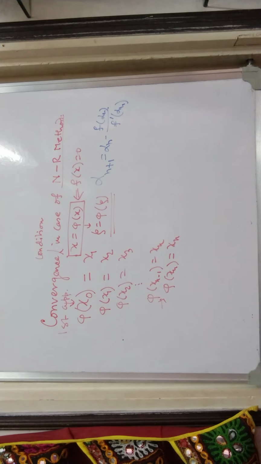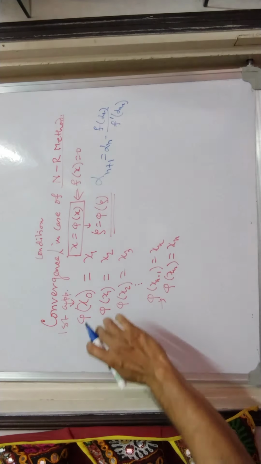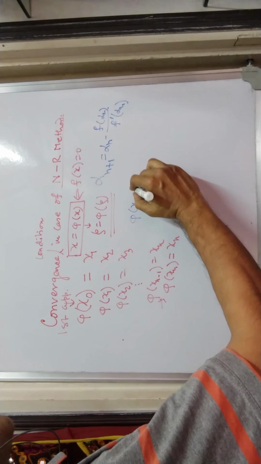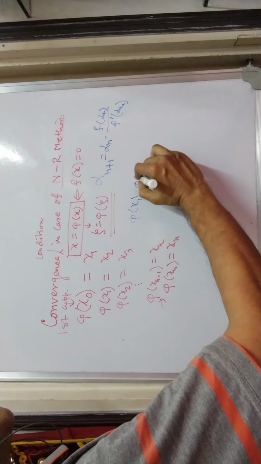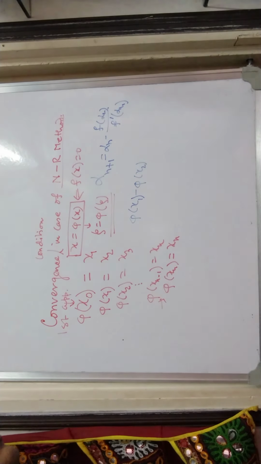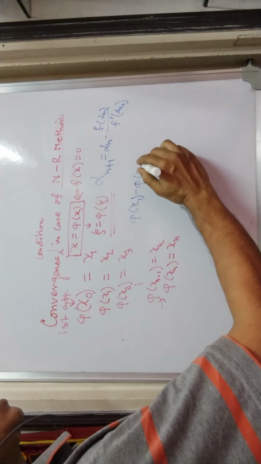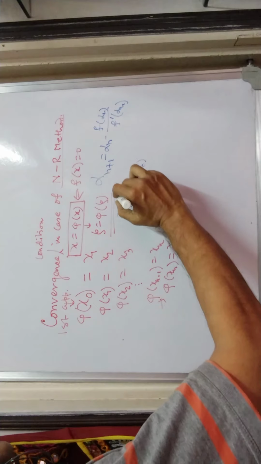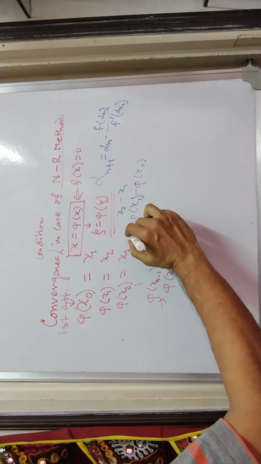Now a simple bit of mean value theorem. If we apply it, we can easily see that phi(x1) minus phi(x0) is nothing but x2 minus x1. Isn't it so?